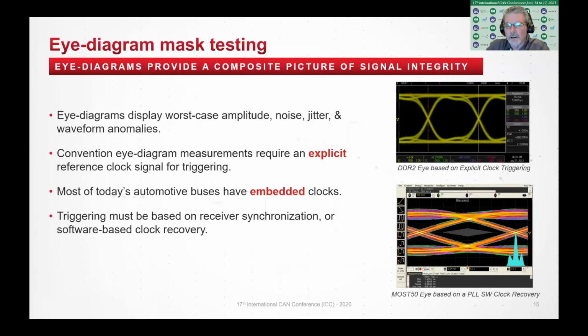So let's now talk about eye diagram mask testing. Eye diagrams provide a composite picture of the signal quality and signal integrity of your differential bus. It overlays all bits on top of one another relative to a recovered clock.